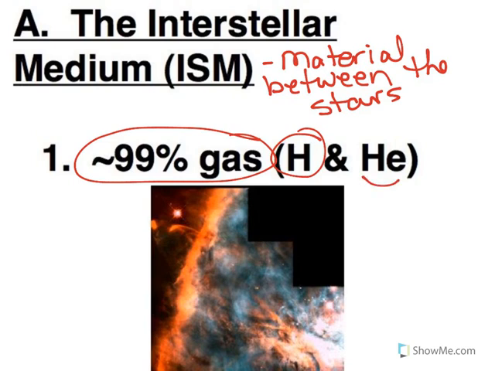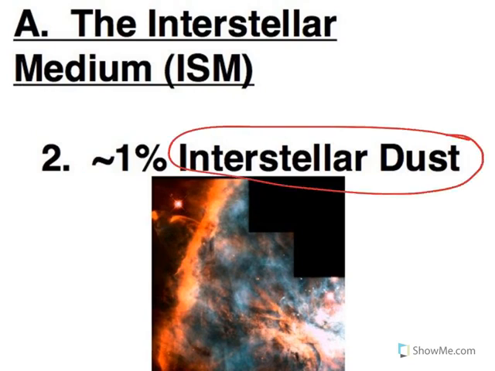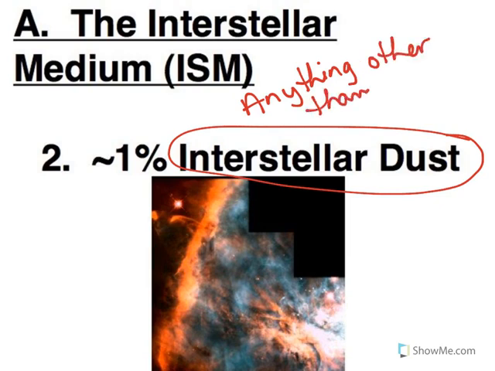The remaining 1% is what we call interstellar dust, and that could be really just anything other than hydrogen or helium. So pretty much every other element in the periodic table can show up in this interstellar dust.